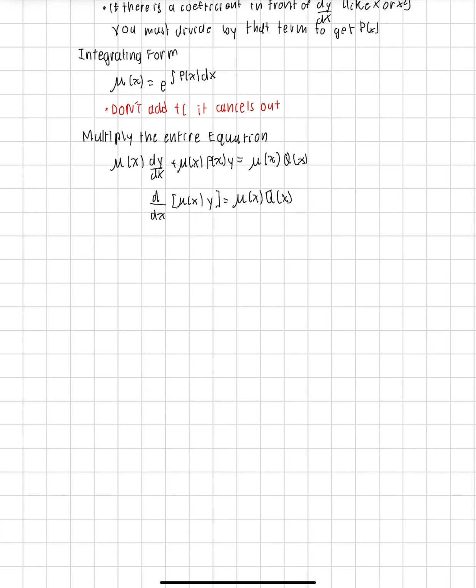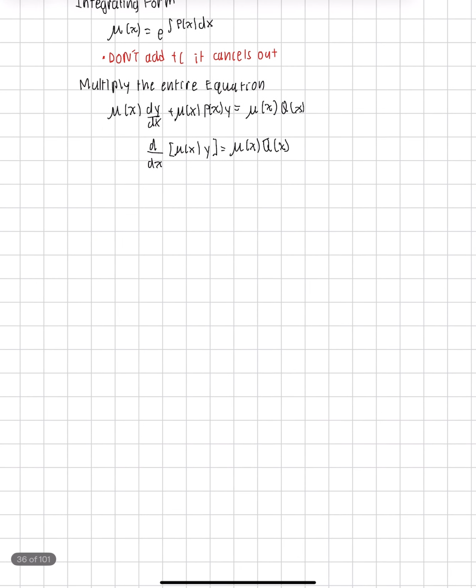This is a fundamental property of the integrating factor: its derivative is mu(x) times p(x), because this collapses into a single easily integratable derivative.